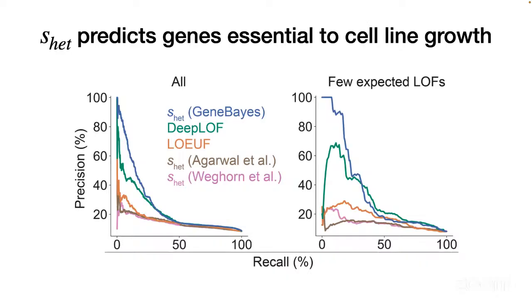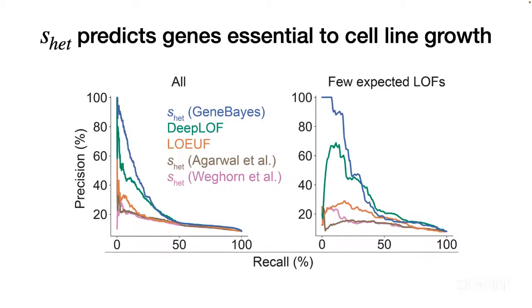But what we can do is look at cell line growth. We could say, if I knock out a gene and it makes a human cell line not able to grow, then that's probably a gene that would also prevent a human from growing. So we use these different metrics to try to classify whether a gene is essential to cell line growth or not.